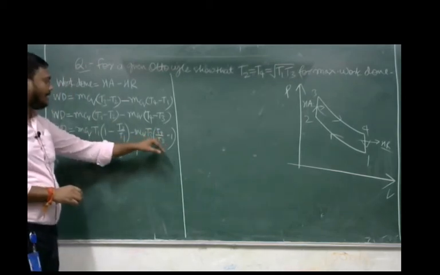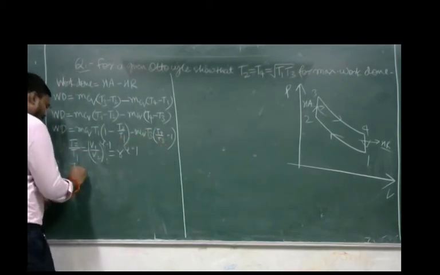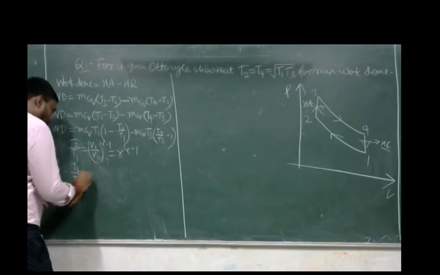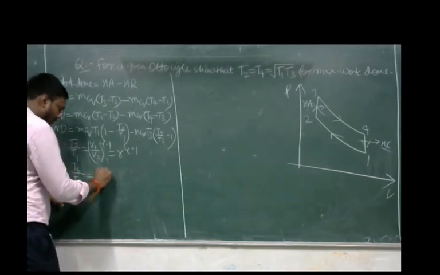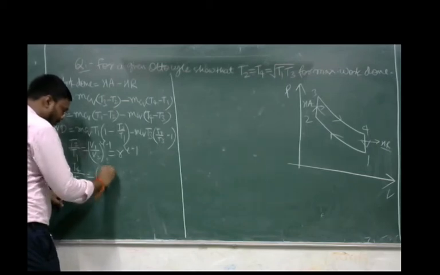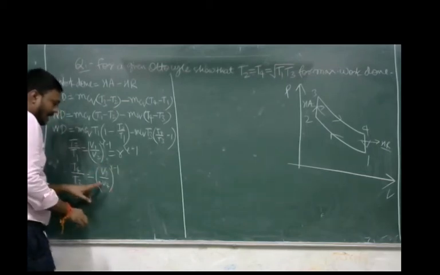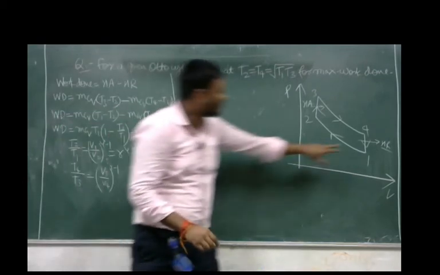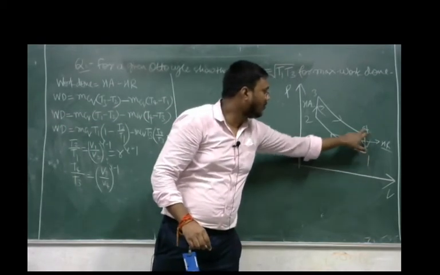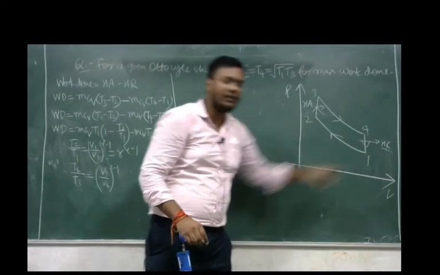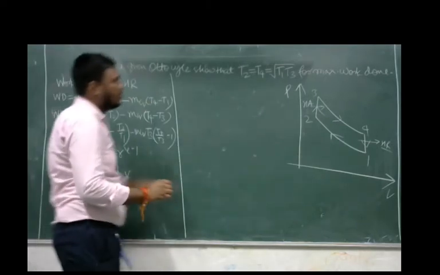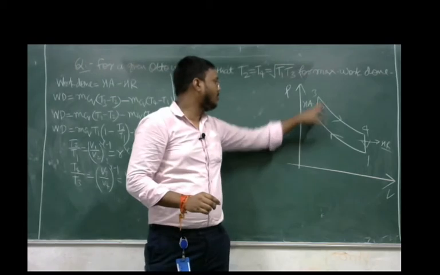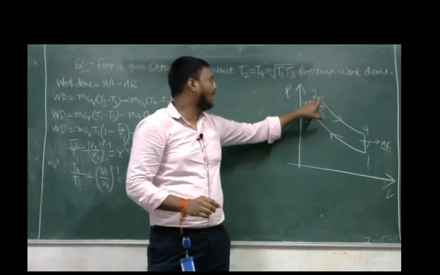Similarly, T4 by T3 equals, in terms of volume, (V3 by V4) to the power gamma minus 1, and V4 is equal to V1. So in place of V4 we can write V1, and V3 is equal to V2, so in place of V3 I am writing V2.